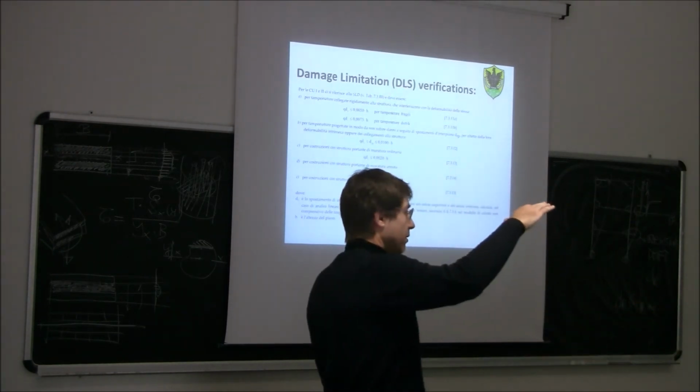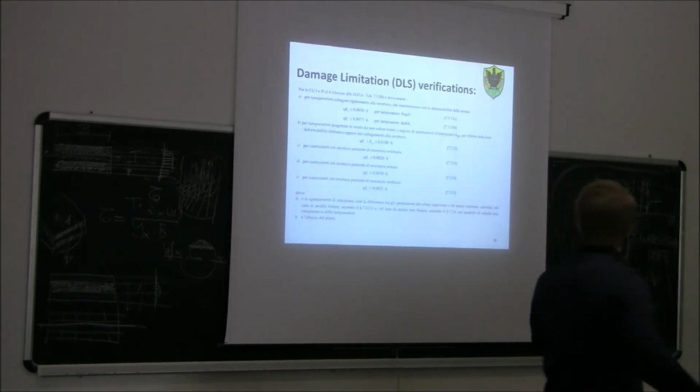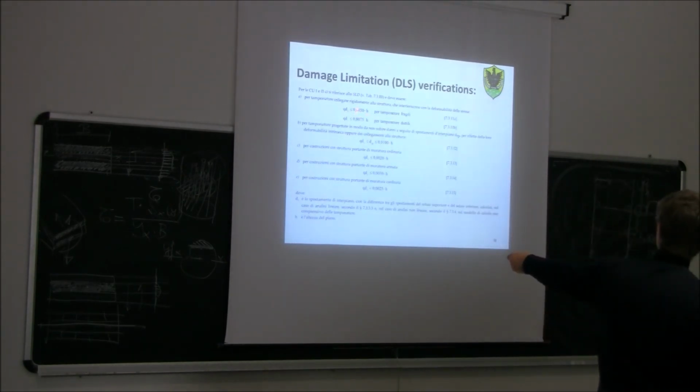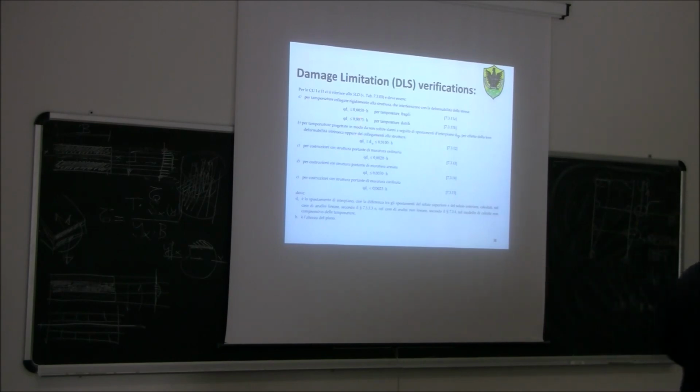So let's say if this was 0.001, it means it's 1 over 1000. So 3 meters divided by 1000 is 3 millimeters. Since this is 5, 3 millimeters times 5 is 15 millimeters. It means that if I have a brittle cladding, I can accept no more than 15 millimeters of interstory drift.